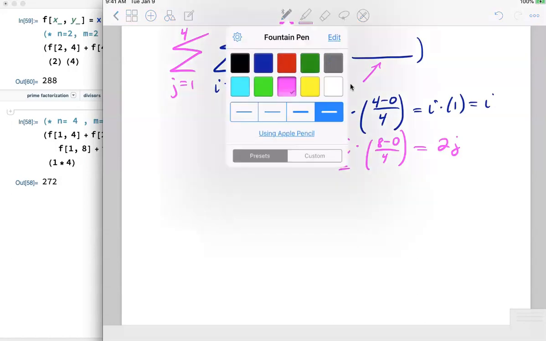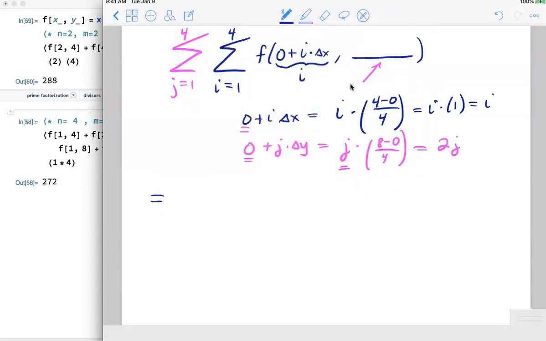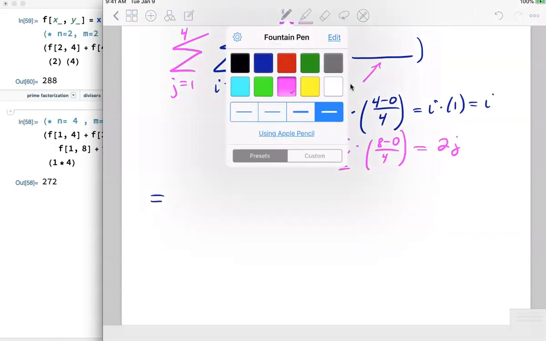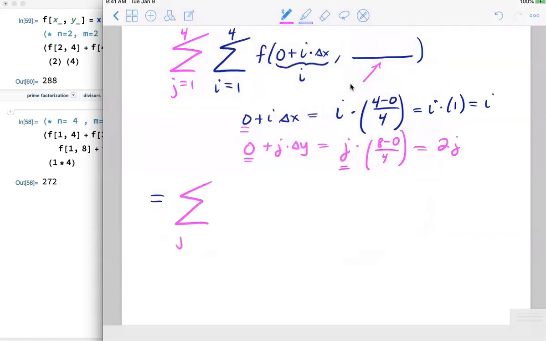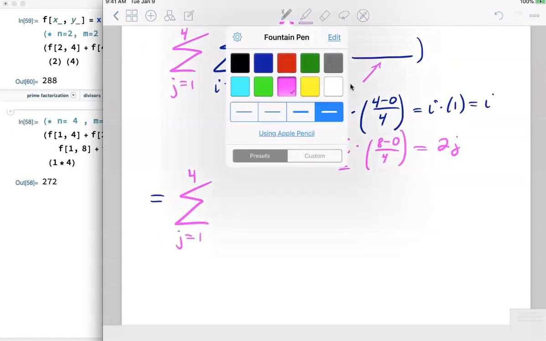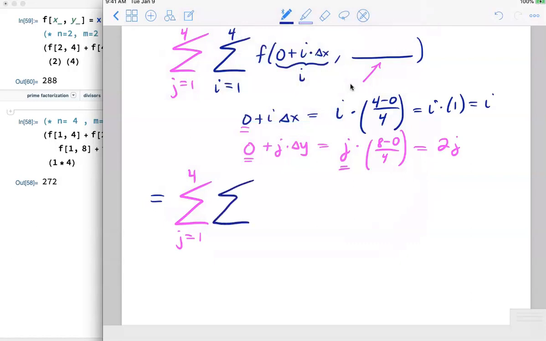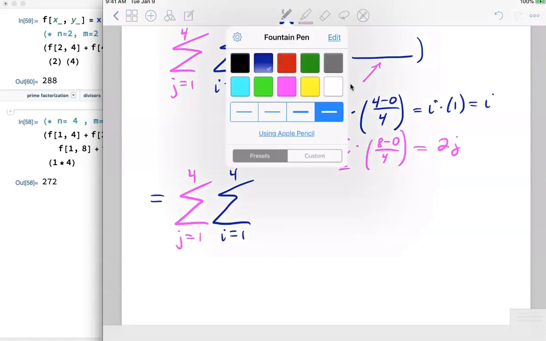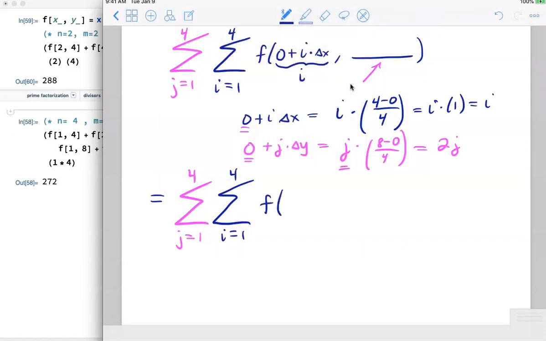Okay, so if we wanted to do that Riemann sum, we would do that in notation as the summation j going from 1 to 4, because we had 4 rectangles in that direction. We also had 4 rectangles in the x direction. And then we would simply want to evaluate our function at i, and then 2j.